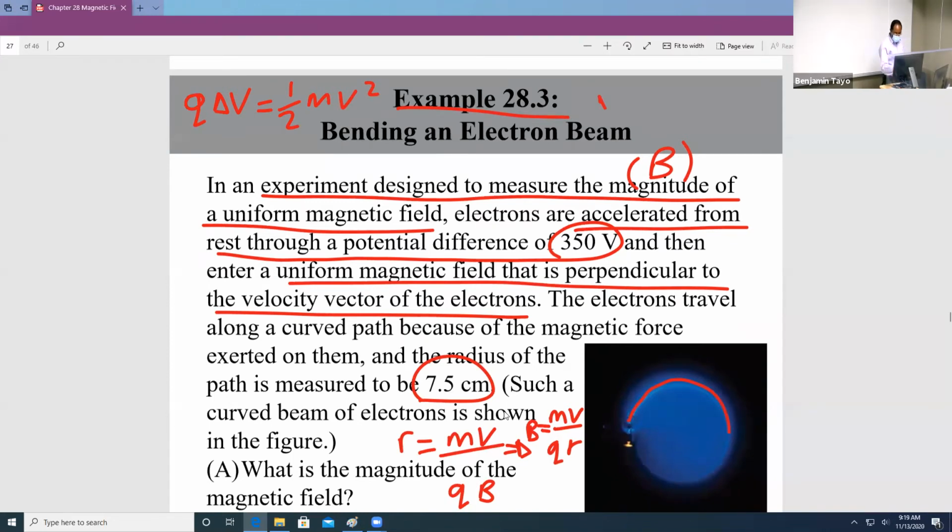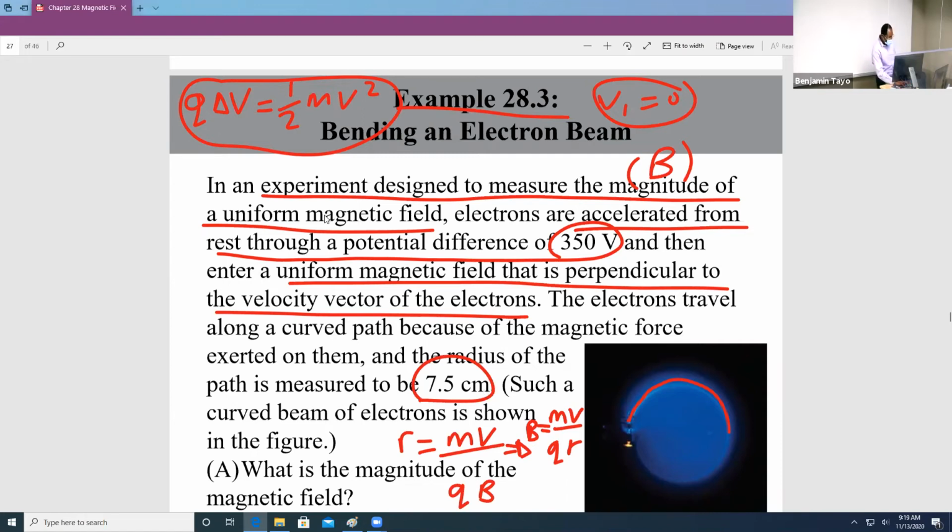So assuming that V initial is equal to 0, so the electron starts at rest, I can just say that Q times delta V is equal to 1/2 mv squared. So I can solve that equation to get my velocity.